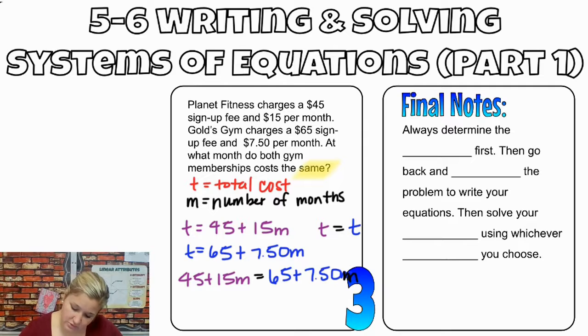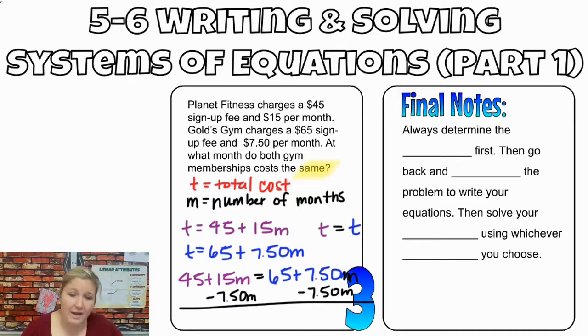So I'm going to subtract 7.50M from this side. I think it's easier. And the reason why I'm subtracting, so I'm doing the opposite, is because I'm moving it across my equal sign. So be really careful about that. This gets eliminated.